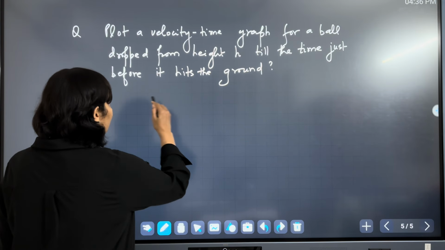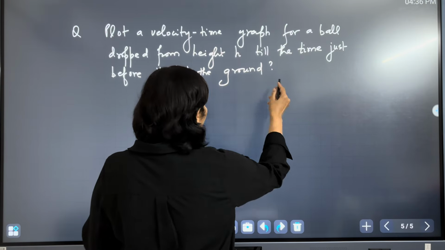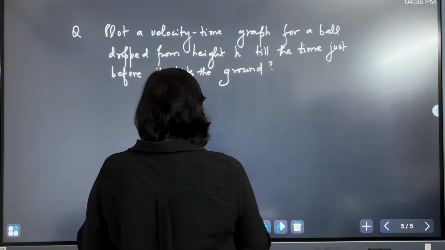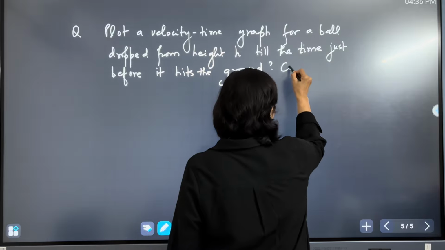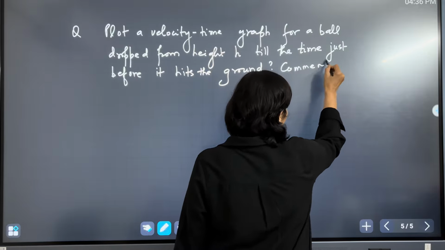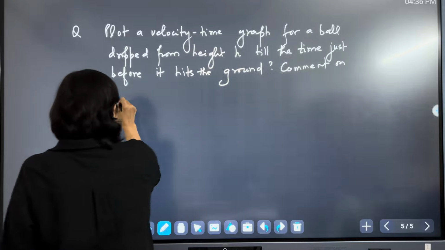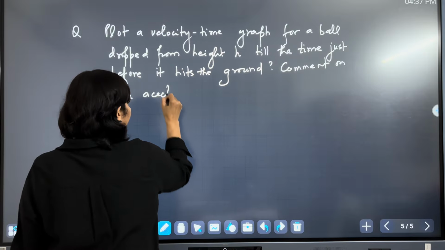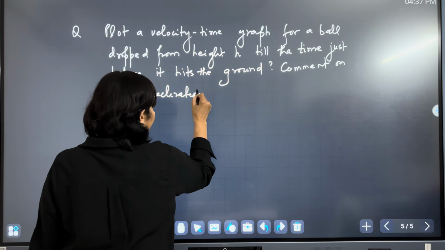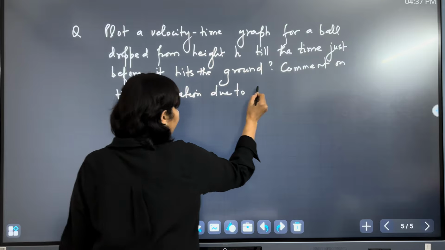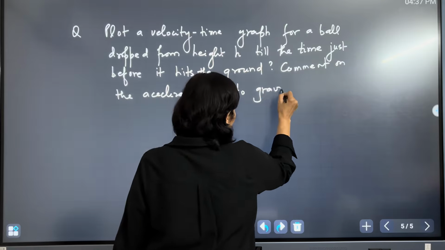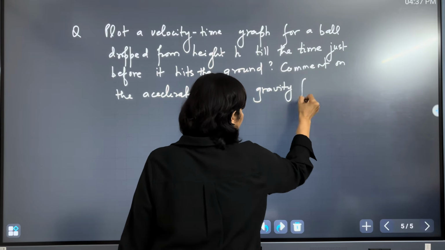Okay, so also if I ask you that comment on the acceleration due to gravity. Okay, from the graph.